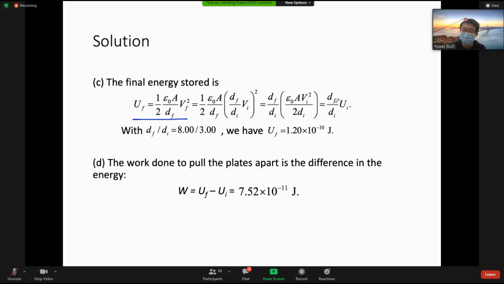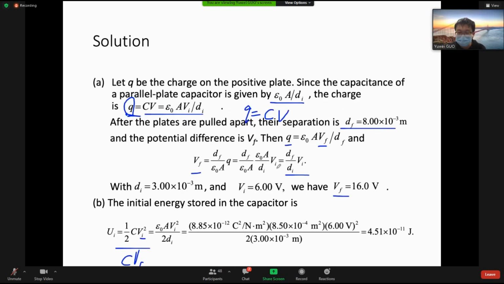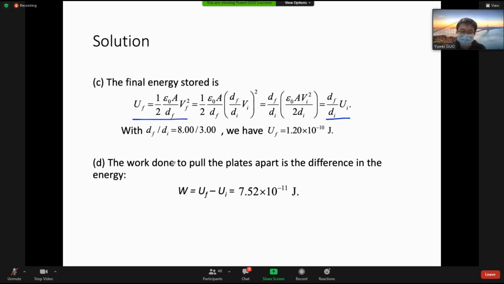Using this relation, we can easily calculate the final energy. You can see that the energy has changed, and this work needs to be done from the outside. We need to use some work to pull the plates apart. So the difference is the work we need to do.